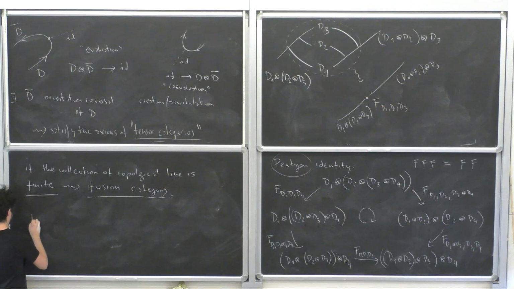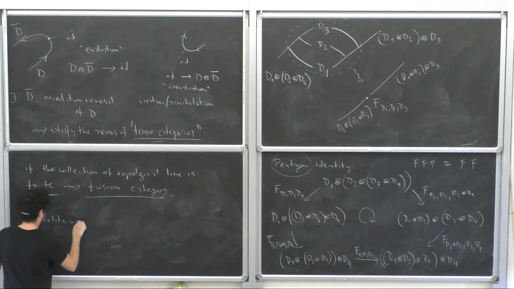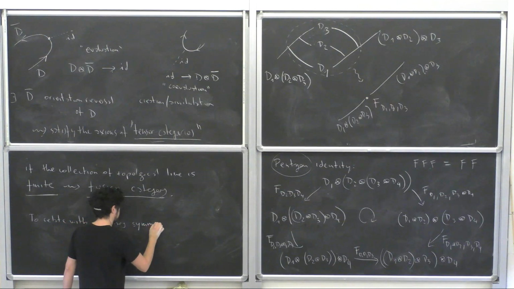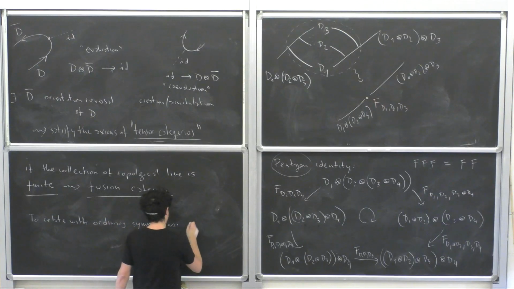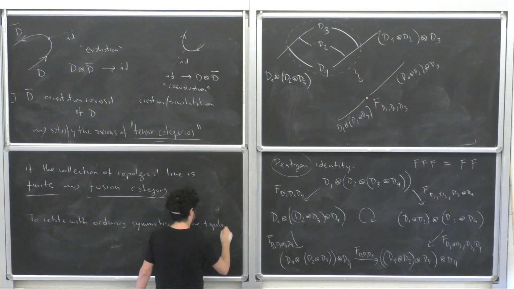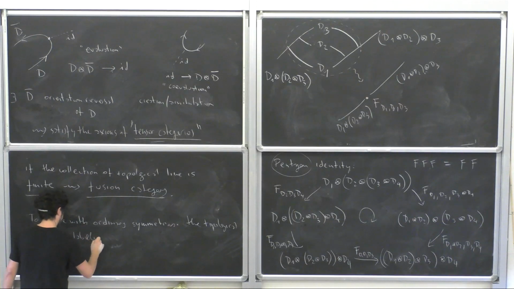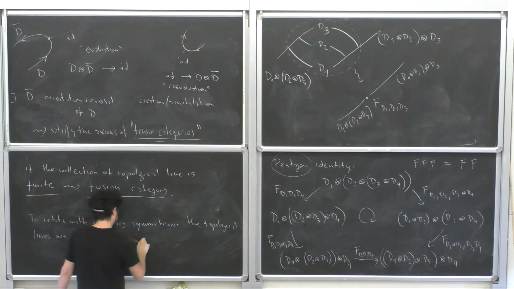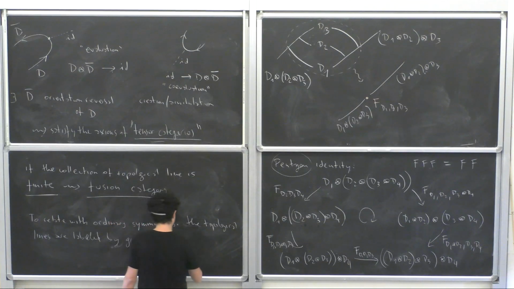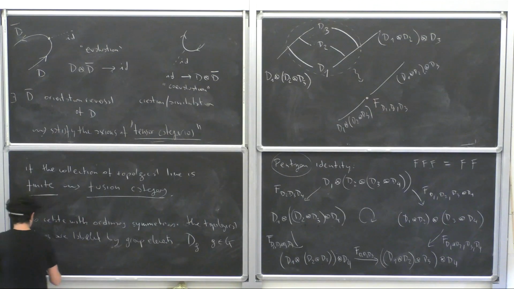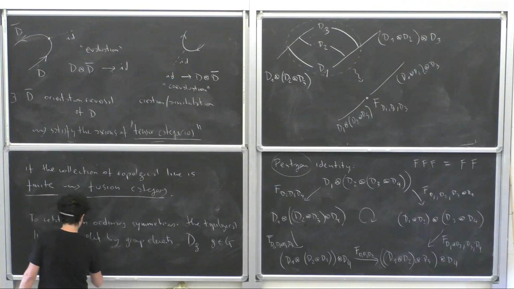So to relate them with ordinary symmetries, you think about the topological lines, which are labeled by group elements, no? You have something like this. And these fusion channels are always one-dimensional, no?